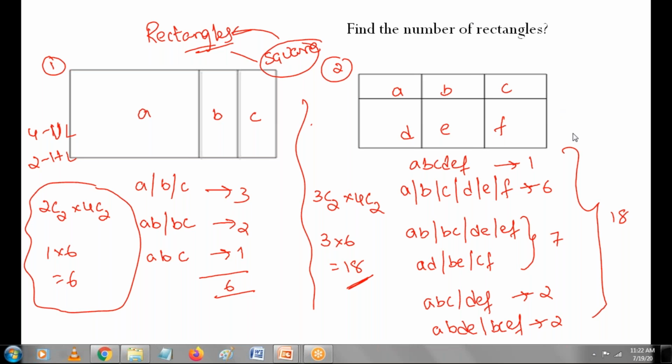I'm mentioning why you are doing that; I'm not just directly giving the formula, like M horizontal lines, N vertical lines, do MC2 into NC2. It's not like that. You should know why we are doing that. This combination will try all the possible things, and we'll go ahead with that. Fine. Now let me go ahead with the next question, guys.